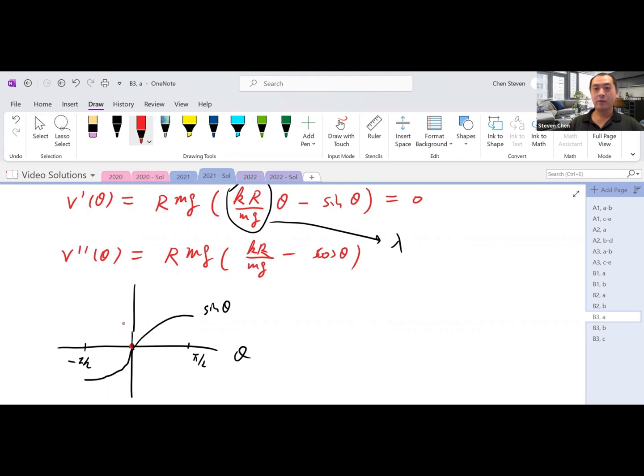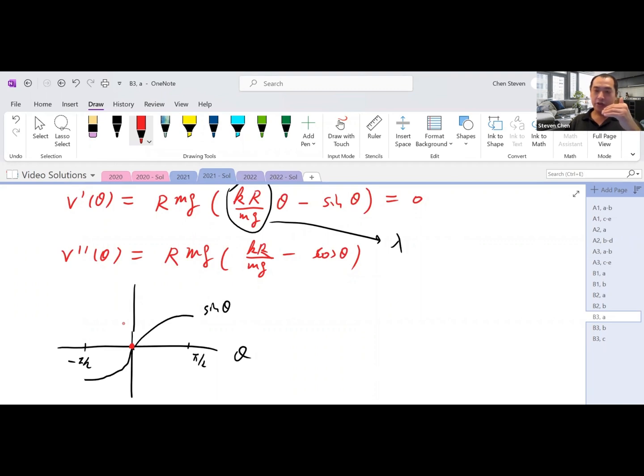Because its intercept is 0. What about the slope? Here's the thing: because we want the first order derivative to be 0, we just need to draw the function lambda theta. We already have drawn the sine function. We see at how many points these two functions cross. We know that depends on our slope lambda.